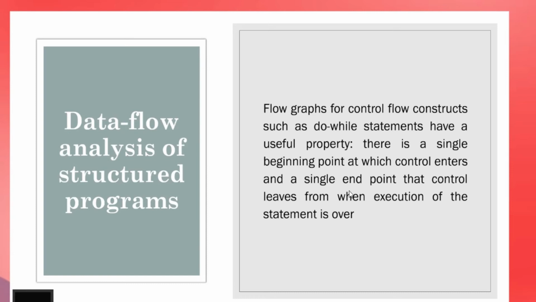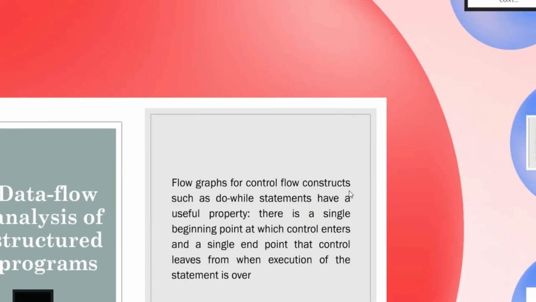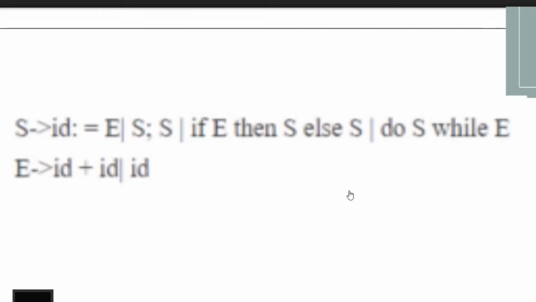We exploit this property when we talk of the definitions reaching the beginning and the end of the statements with the following syntax: S gives id = E, or S ; S, or if E then S else S, or do S while E. And E gives id + id, or id. So this is the syntax.